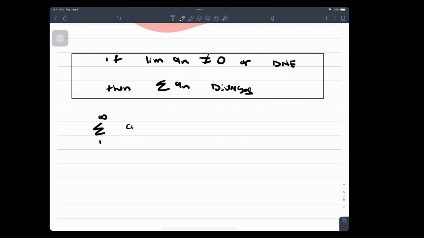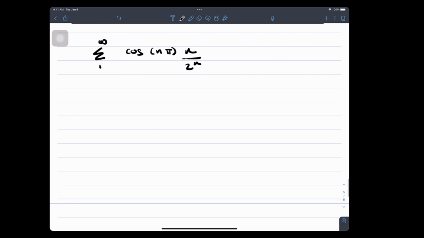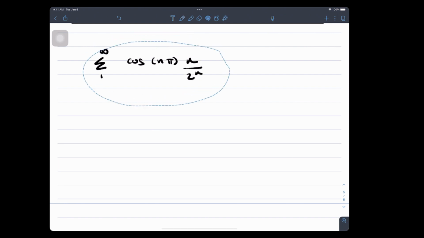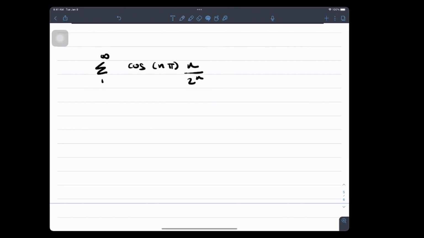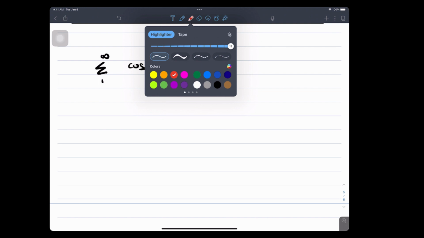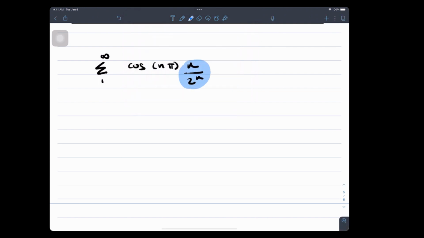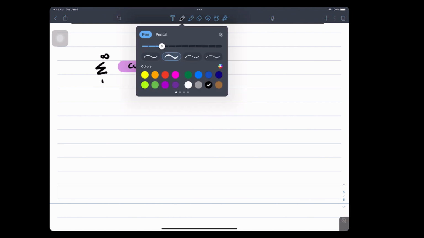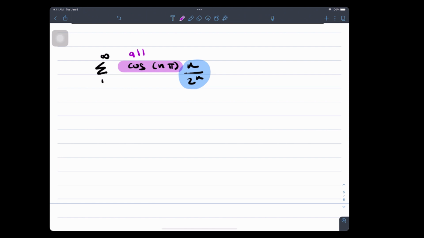And then you got this kind of interesting situation here. This is an alternating mechanism.